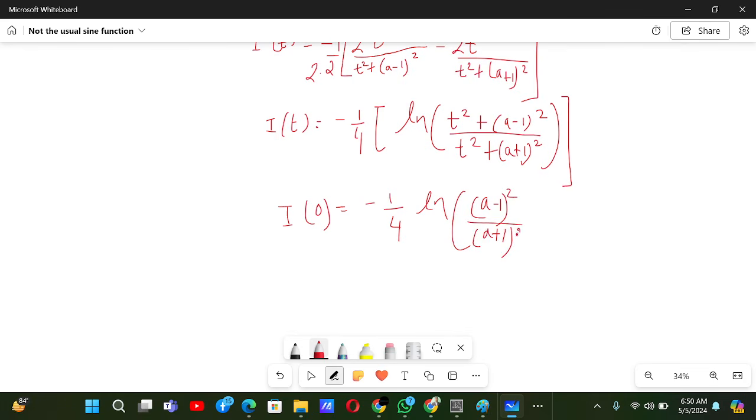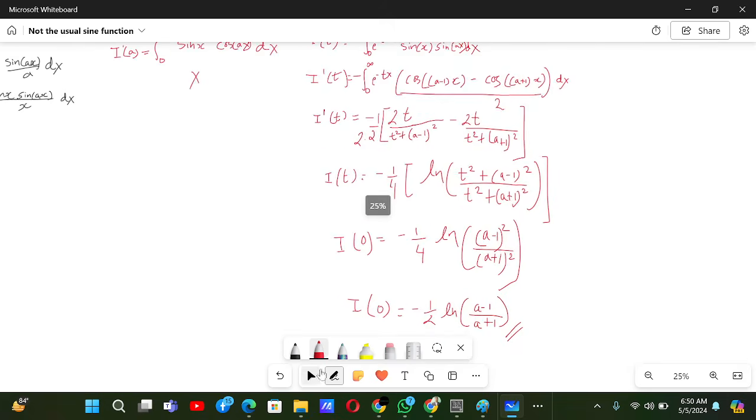The square can be taken outside, and we get I of 0 equals minus 1 by 2 ln of (a minus 1) by (a plus 1). Now this is I of 0.